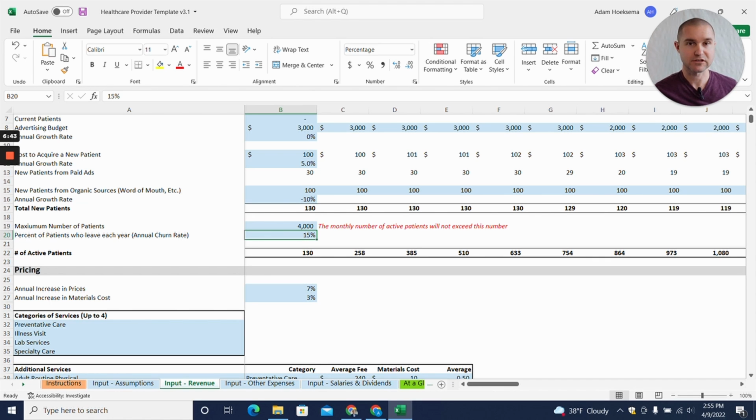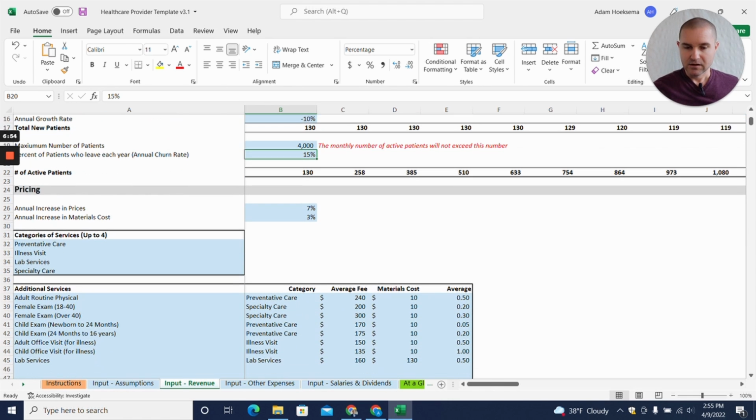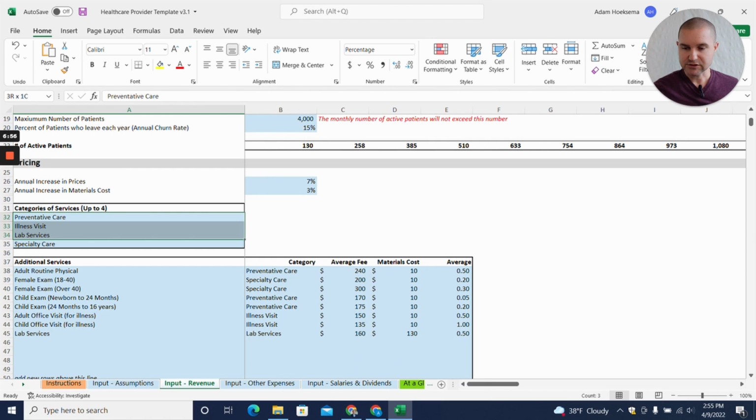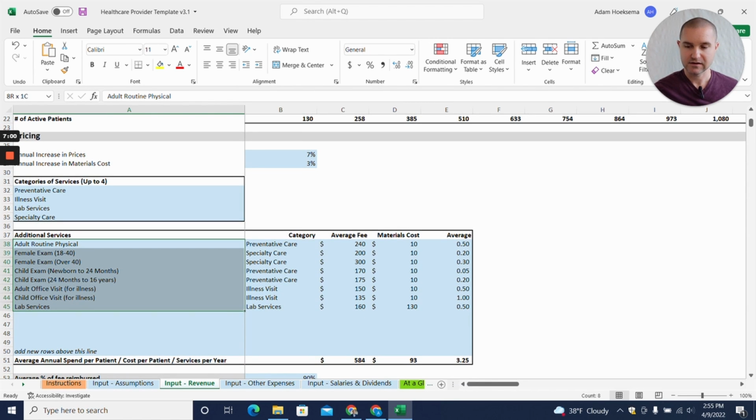But in this case, we're assuming more of a primary care model, let's say, where you're going to have recurring patients time and time again. And so you'll be able to enter in these different categories of services, and then you can add in the specific services that you plan to offer.